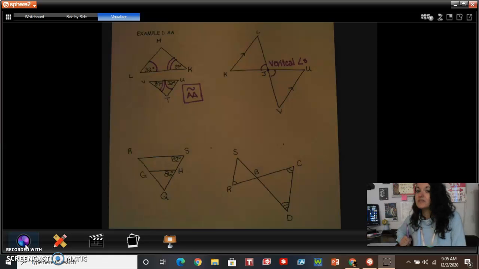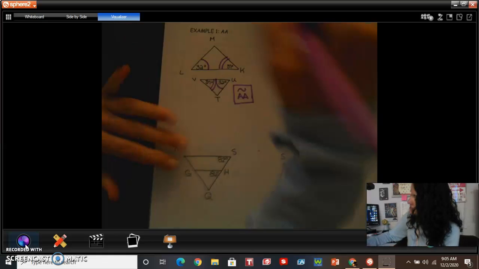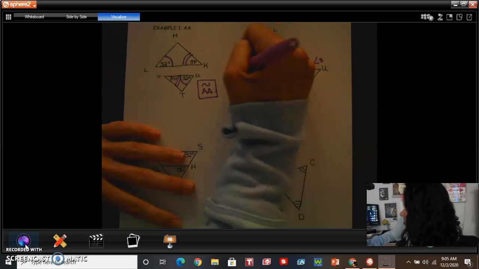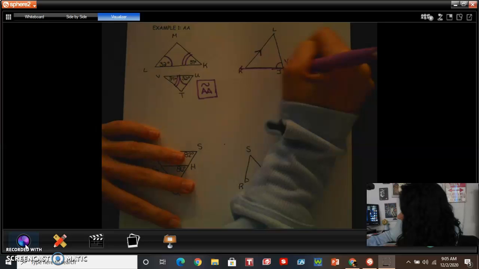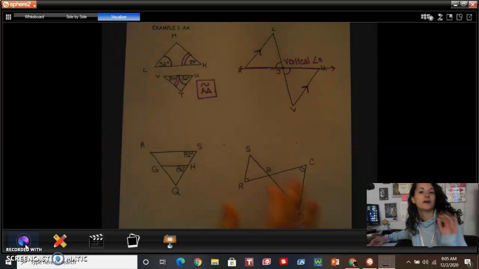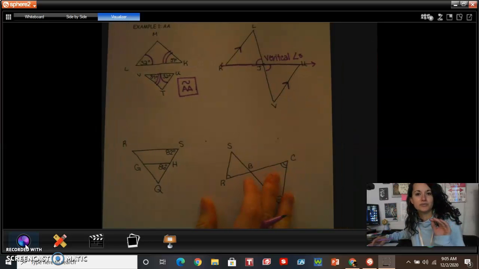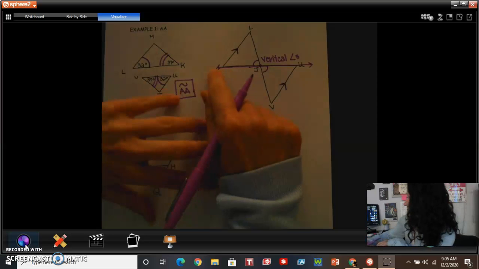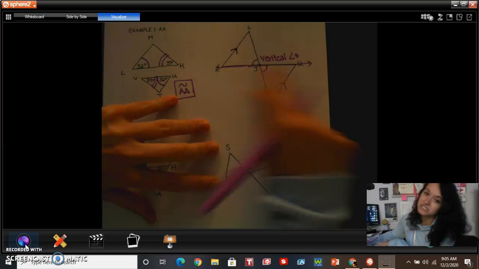No. If you think back to Unit 3, whenever we have lines that look like this, we have all kinds of angle relationships. Do you remember when we talked about corresponding, alternate interior, alternate exterior, consecutive interior angles? That's coming back to haunt you right now. With these two lines, this would be our transversal.